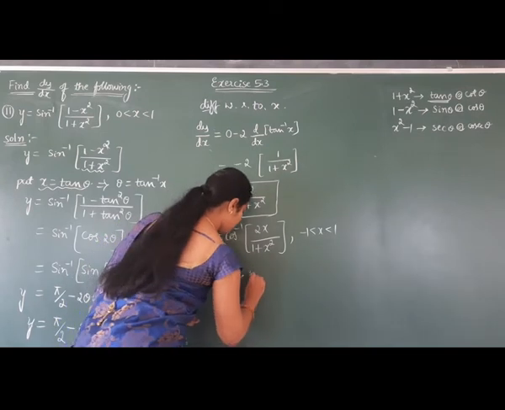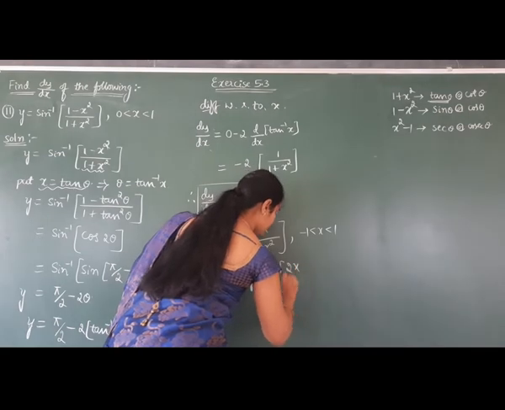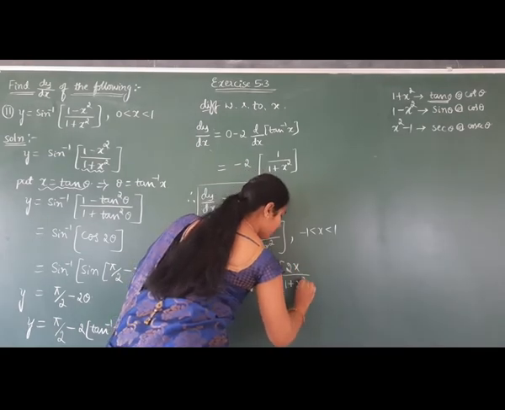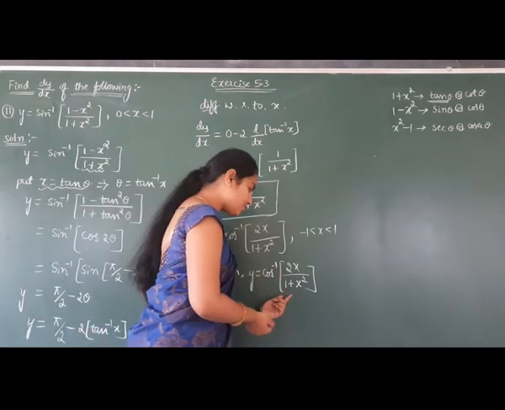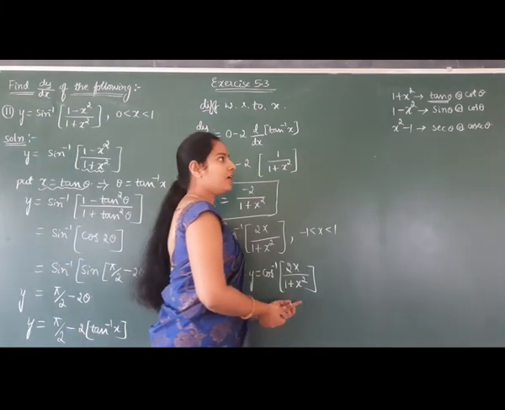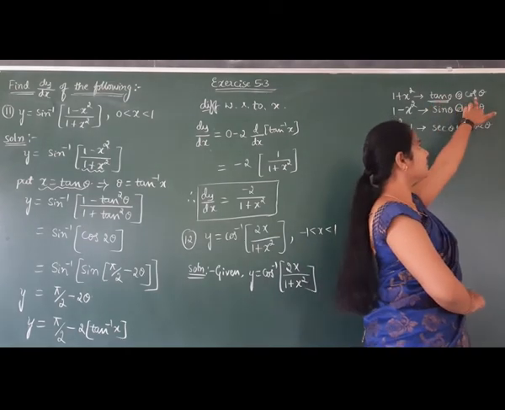Given y is equal to cos inverse of 2x divided by 1 plus x square. Here also it has a 1 plus x square term, so I will substitute x as either tan theta or cot theta.